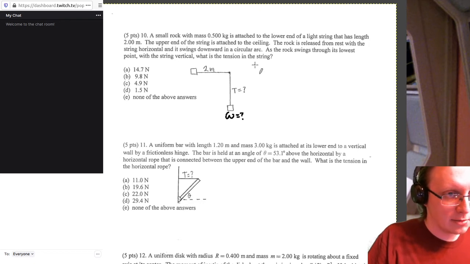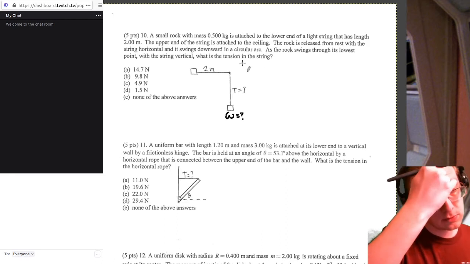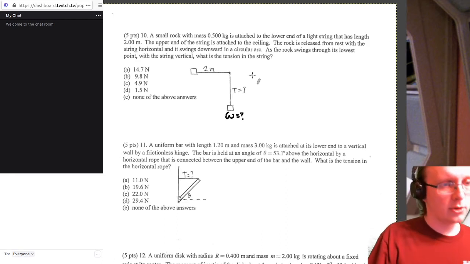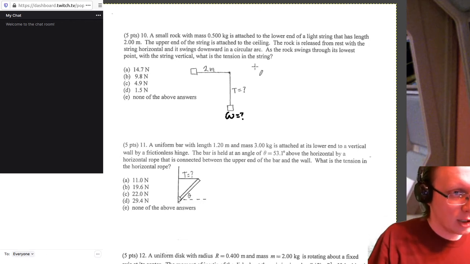So we have, let's see here. I'm going to go about it in a funny way. We have energy initial is equal to energy final.